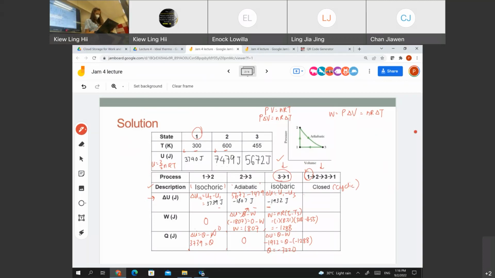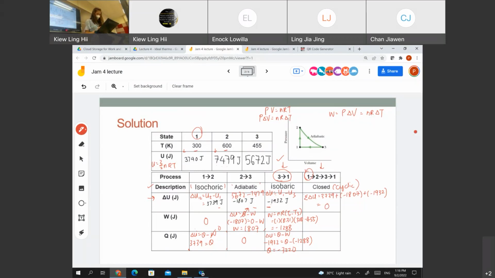So by right, your total change in energy, where you sum all of them together, how much will you get for this? You will get 0, right? Because the initial and final temperatures are the same.